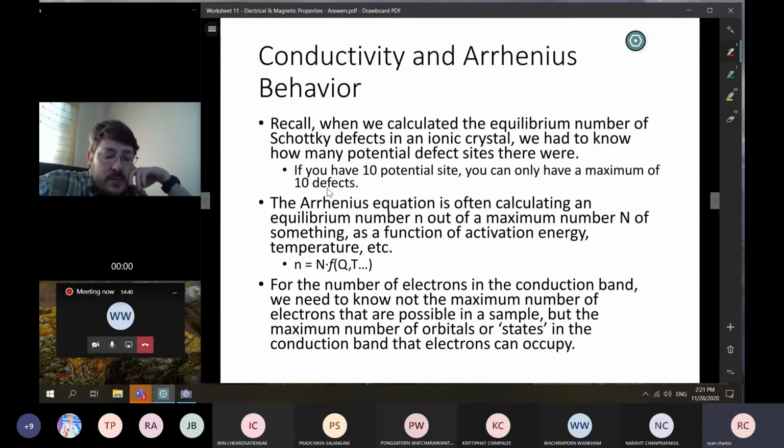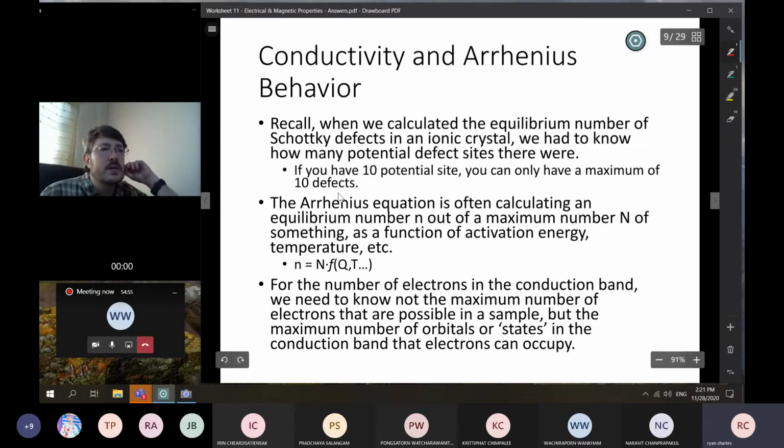So what about calculating the number of electrons in the conduction band? What's the maximum you might think about? It's the maximum number of electrons or bands or something like that. So an Arrhenius equation is often calculating an equilibrium number n out of a maximum number uppercase N of something, right?